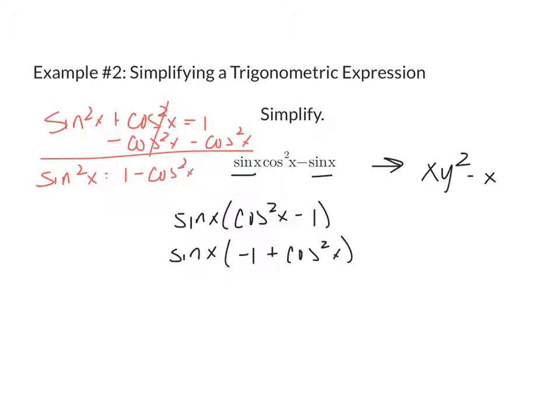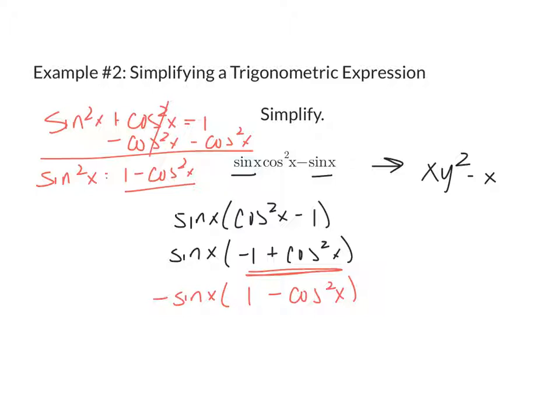I'm almost to the point where I can substitute this for that, but I actually cannot because this is a positive 1 minus cosine squared x, and what I have in my problem is a negative 1 plus cosine squared x. So in other words, I really just need to factor out another negative. If I factor out a negative, I'll have negative sine x times 1 minus cosine squared x. In other words, I just divided by negative 1, or factored out a negative 1.